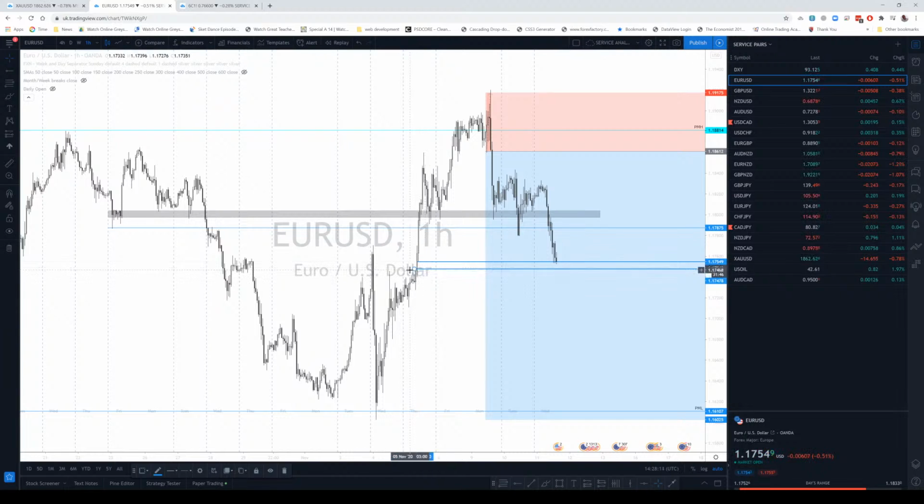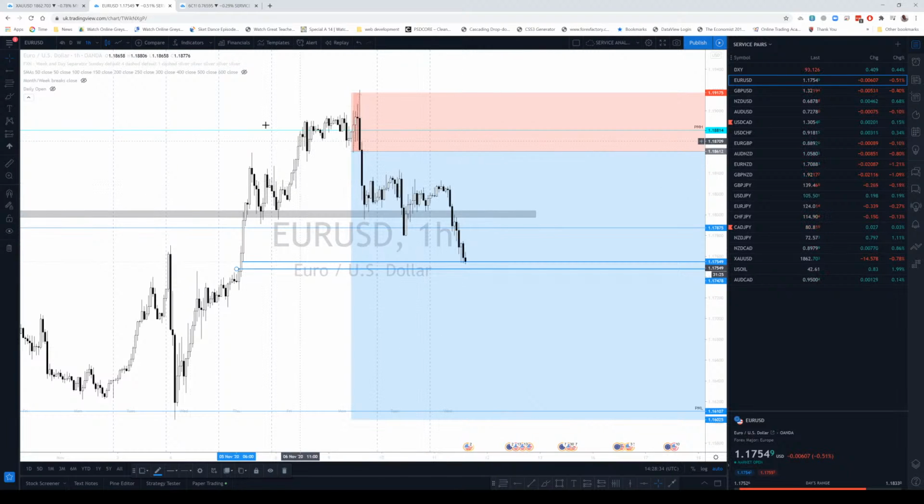So if you go below this low, I am short from, let me check where I'm short from. Okay, so I am personally short from here.